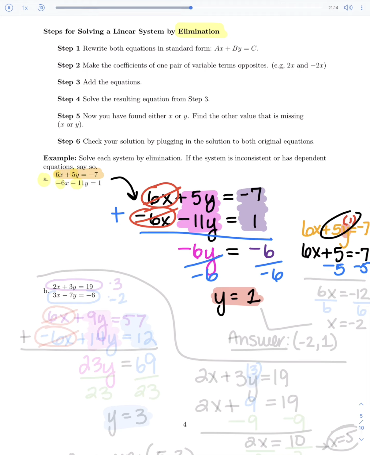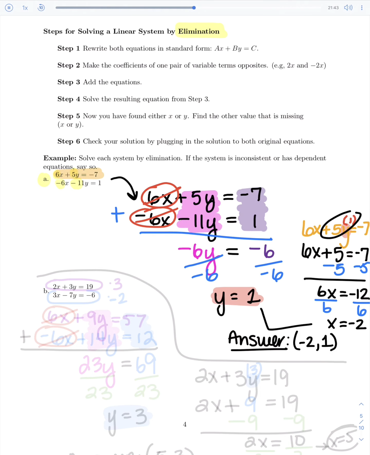I will get 6x equals negative 12. Then I can divide both sides by 6, and that will get me that x equals negative 2. So putting these two pieces together gives me a final answer of the point negative 2, positive 1. That's where my two lines are going to intersect.